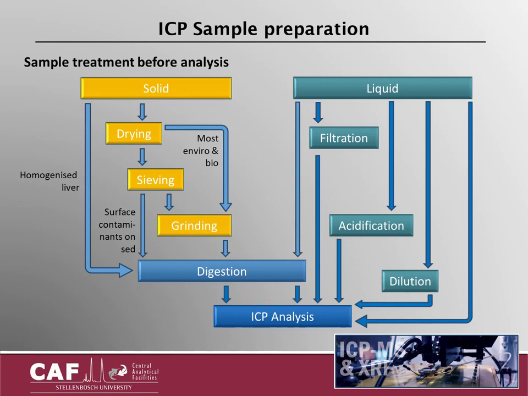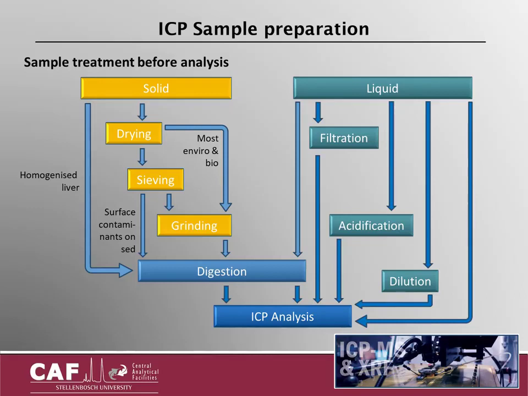Most of the environmental or biological samples typically would need drying, grinding and then digestion. You can have soils that will have a sieving step in between, but all of the different steps would be determined by the purpose of the study.